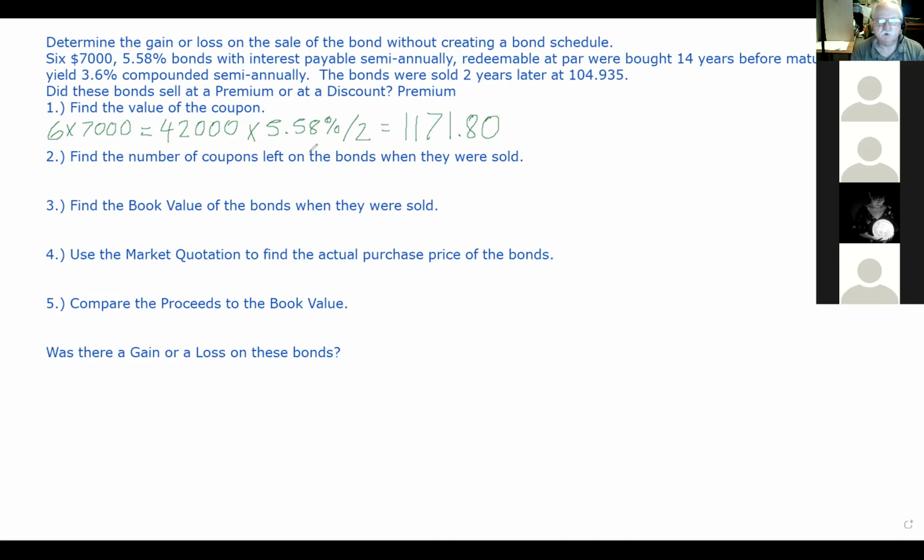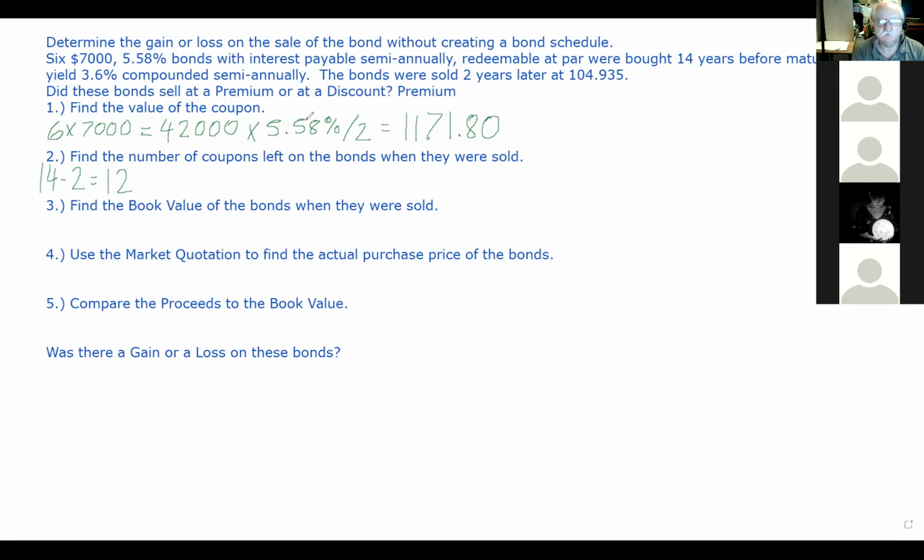Find the number of coupons left on the bonds when they are sold. Now, what have they told us? 14 years. They haven't given us any dates, but the bonds were sold 4 years later. So we're going to go 14 minus 2 equals 12.